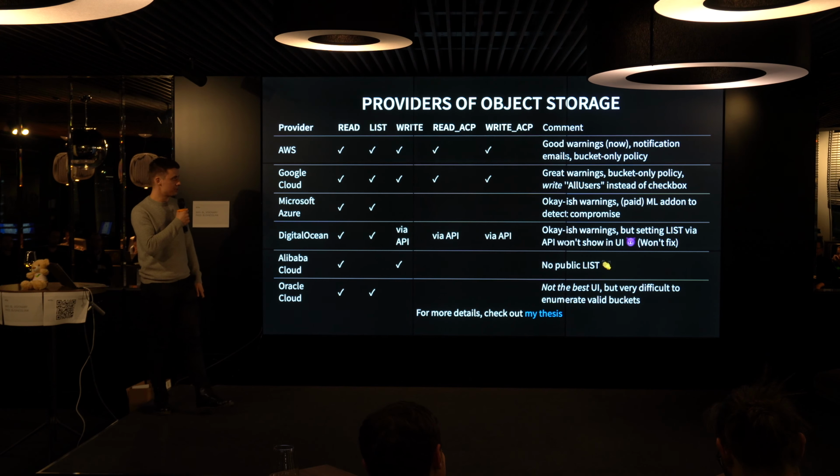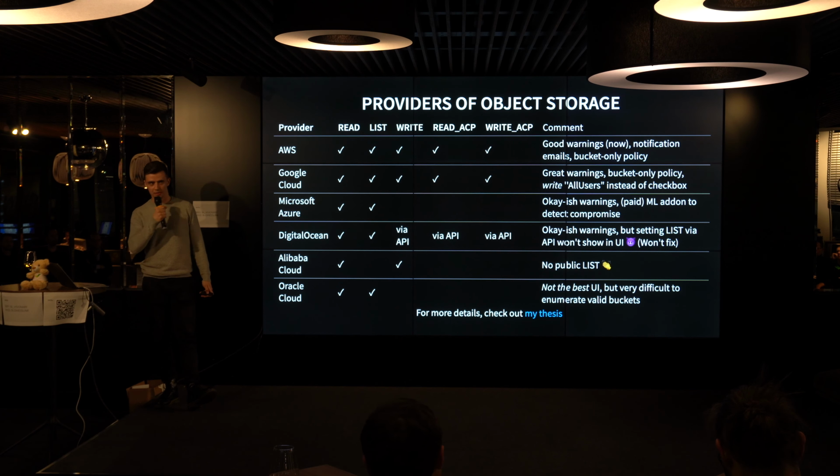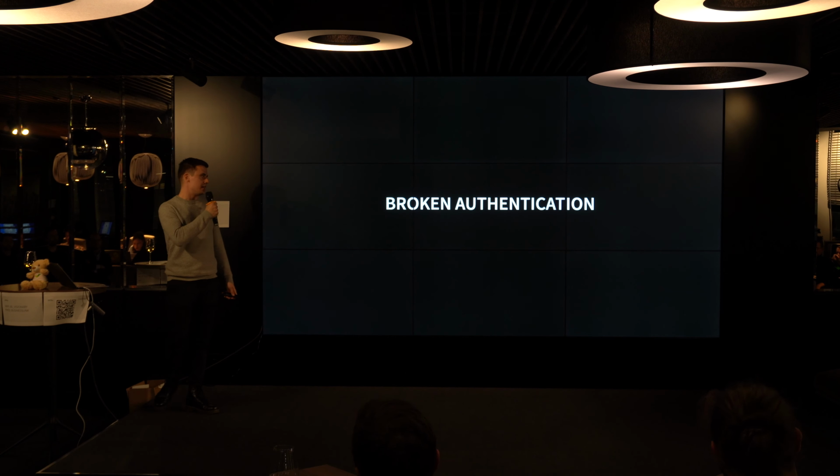So that's all for buckets. But buckets aren't the only thing we will be talking about, even if it seems so far. I will also very quickly go through the issues which I described in the beginning. So first, broken authentication.